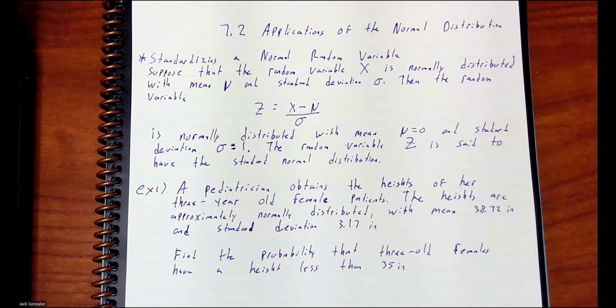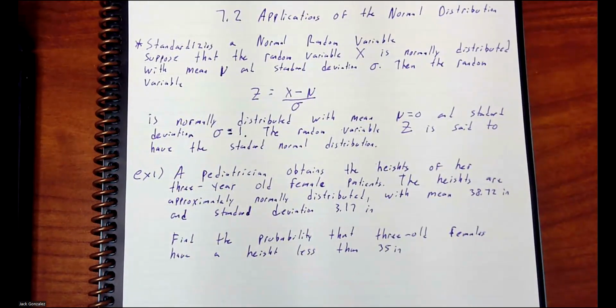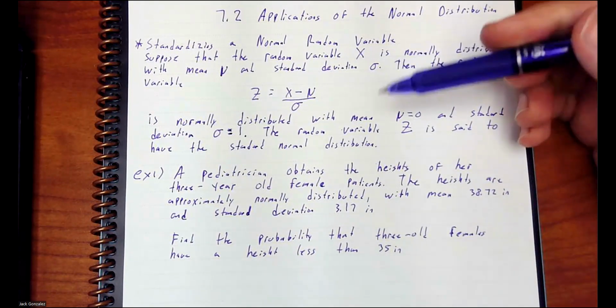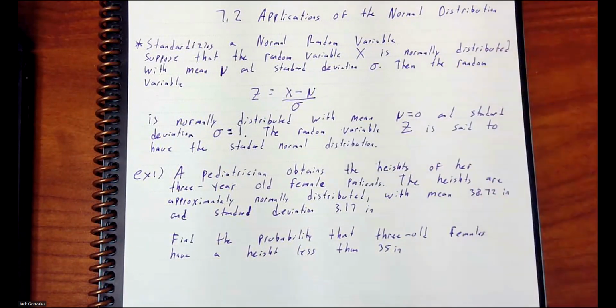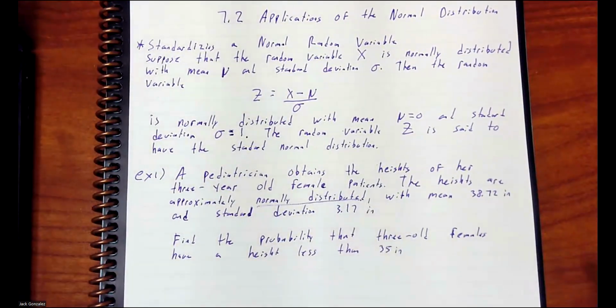So let's go to example 1. If a pediatrician obtains the heights of 3-year-old female patients, so she gets a bunch of 3-year-olds that are female and creates a set of measurements. If the heights are approximately normally distributed, that's the key, then I can use this approach.